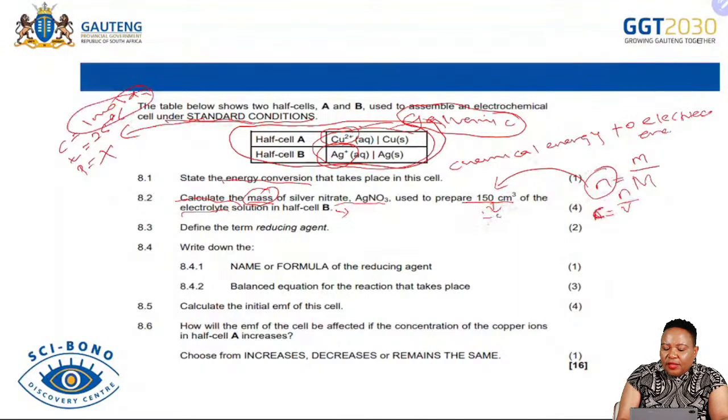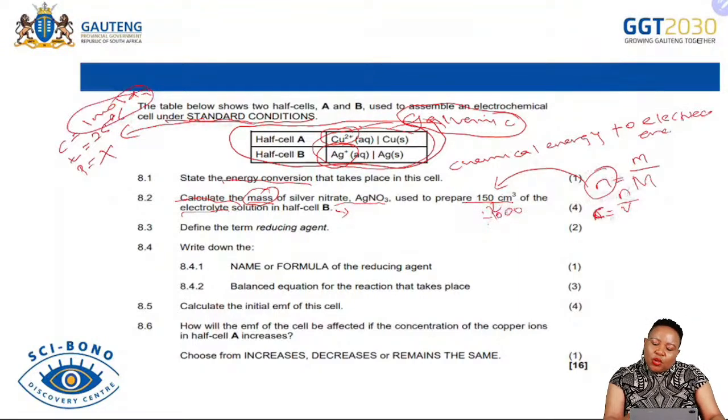We divide by 1,000 to find cubic decimeters. Our concentration is 1 because of standard conditions, and our volume is 0.15, so our number of moles is going to be 0.15 moles.